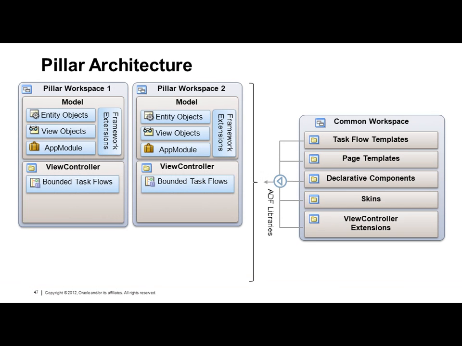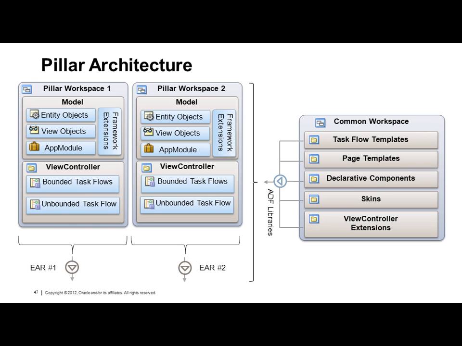Let's look at that diagrammatically. Here we've got the common workspace on the right, and on the left-hand side we have what look like cylinder workspaces, and they've got their own model projects, their own view controllers and their own bounded task flows, but the significant difference is they have their own unbounded task flows. So they are really applications in their own right. And yes, they do get deployed as separate EARs or separate applications.